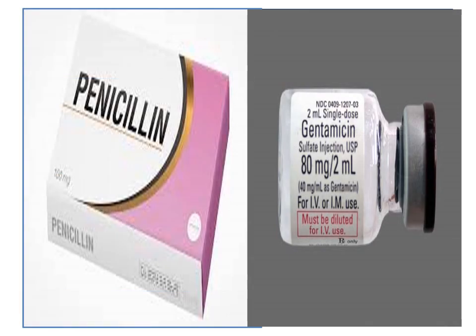So combination of these two drugs, penicillin and gentamicin being an aminoglycoside, to treat, let's say, an infection would be extremely useful because the combination of these two drugs would lead to a synergistic effect, and the infection will be treated much more quickly compared to when we're using these drugs individually.